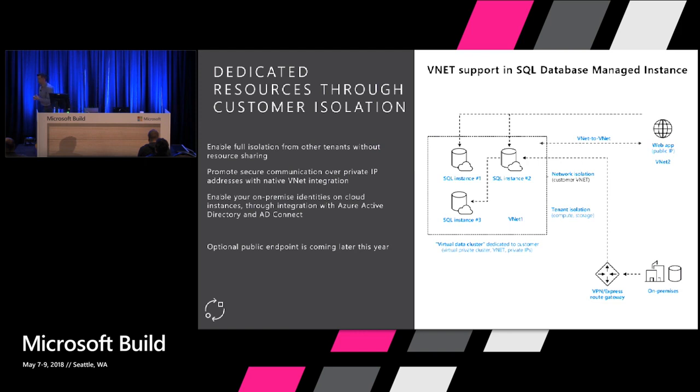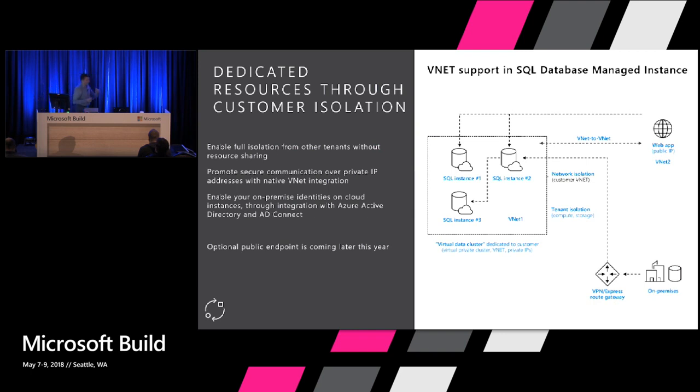So you can apply different network security rules to protect your endpoint, and you can control precisely who is connecting and how. Today, managed instance doesn't even have a public endpoint enabled, which means that if you deploy managed instance and create a couple of databases there or deploy your application, nobody will be able to connect to it, right? You need to take an extra step to enable the connectivity.